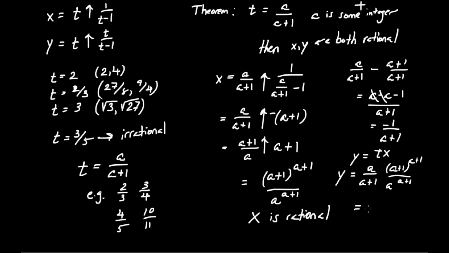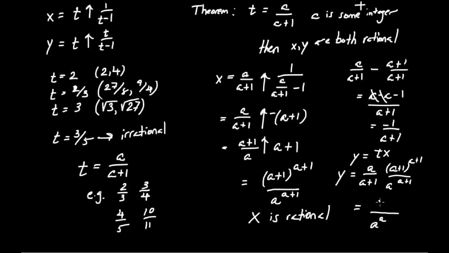And now what do we have here? We see that this a is going to cancel with one of these a's down here. So instead of a over a to the a plus 1, in the new denominator, we're going to have just a to the a power. That minus 1 is going to go away. And very similarly, with these two here, we have a plus 1 to the first power, and a plus 1 up here.